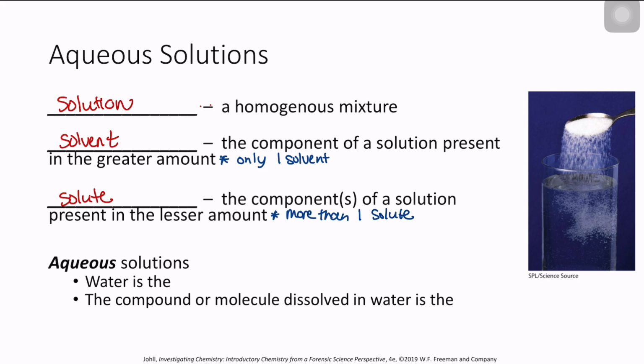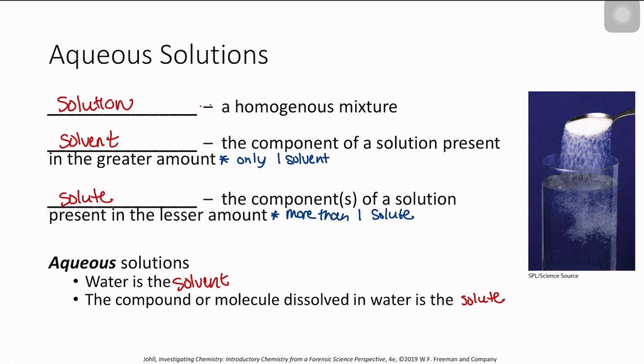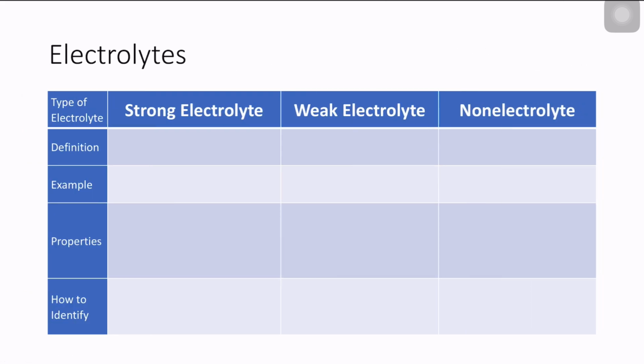Now, aqueous solutions are where water is the solvent and the compound or molecule that is being dissolved in the water is the solute. In order to have an aqueous solution, we need to have a solute that is soluble in water. So let's talk about how we can predict solubility.